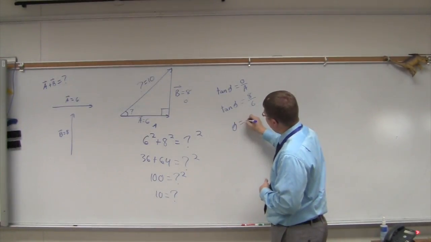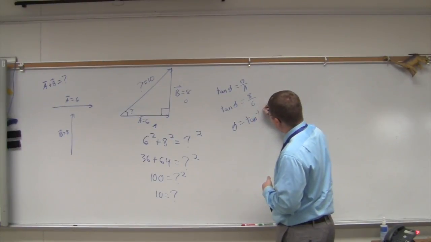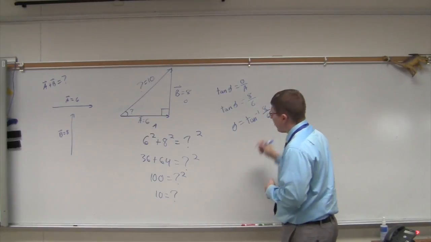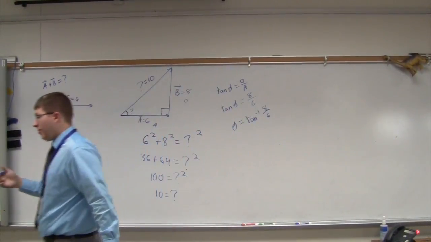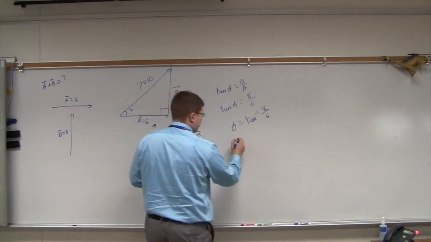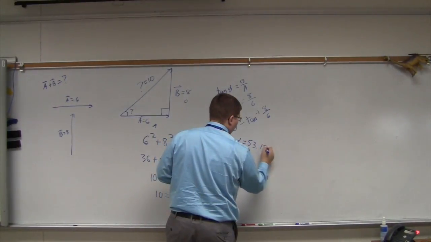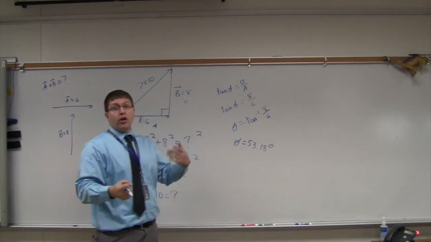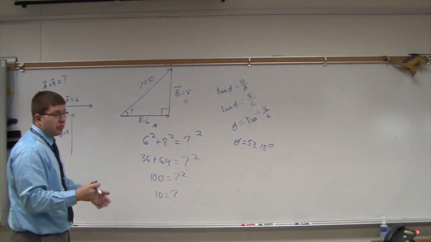So theta would be the inverse tangent of 8 over 6. And then you just go to your calculator, which I did ahead of time, and you should get that this angle right here is 53.18 degrees, or thereabouts, assuming your calculator is in degrees mode. If your calculator is in radians mode, you're doomed to get the problem wrong.